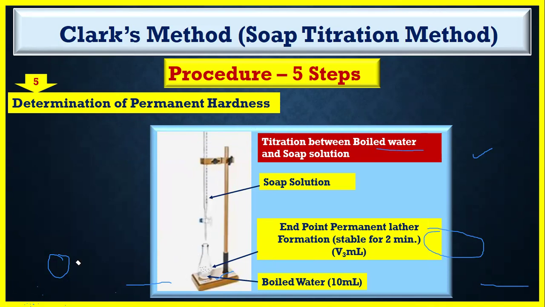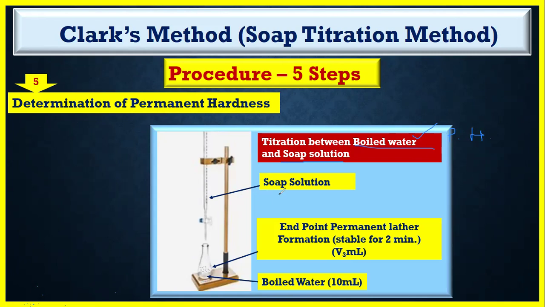So to calculate the permanent hardness, we have to boil the water first. Why is boiling necessary? Because boiling removes the temporary hardness. So in this titration, we titrate the soap solution with the boiled water sample. Boiled water sample contains only the permanent hardness. That is why we are taking the boiled water only.